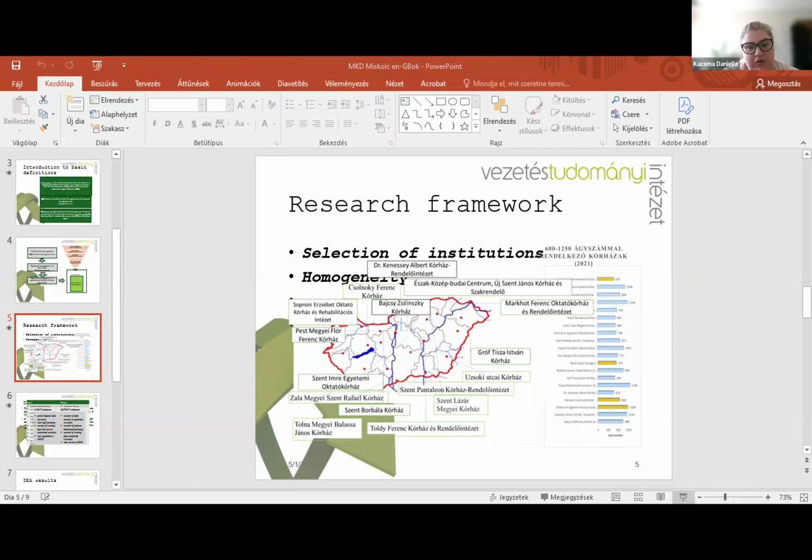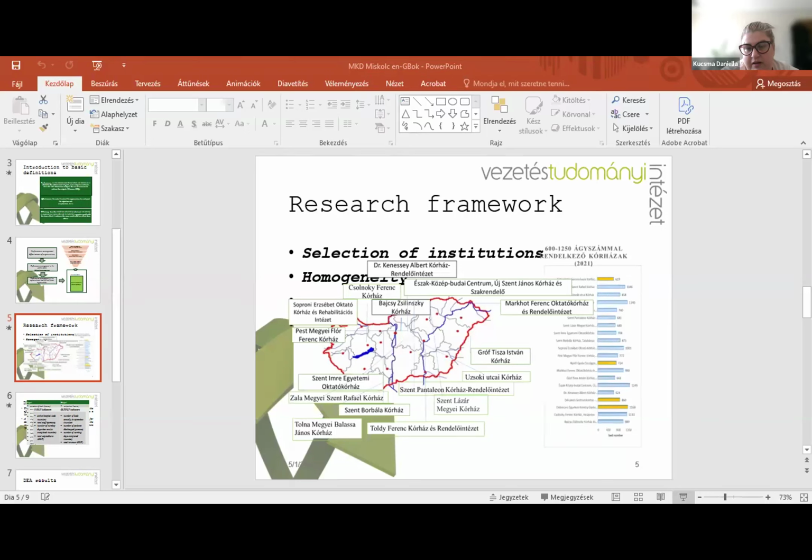The second progressive level of care is the hospital, and this was still important: institutions within 600 and 1250 beds and 23 wards.